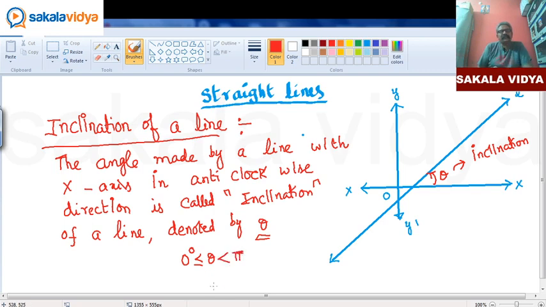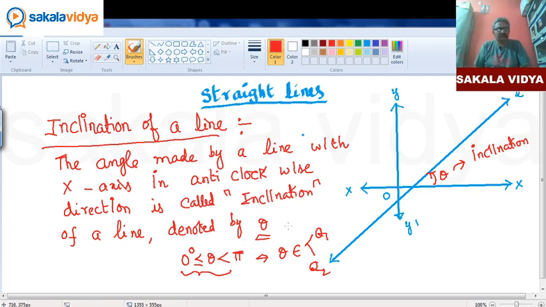This is the range of the inclination. Remember, theta belongs to either the first quadrant or the second quadrant only. So, this is the inclination of a line.